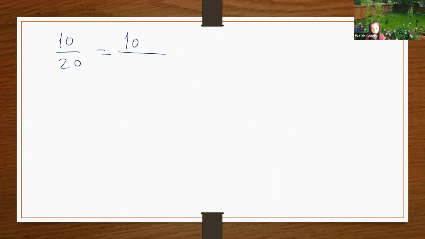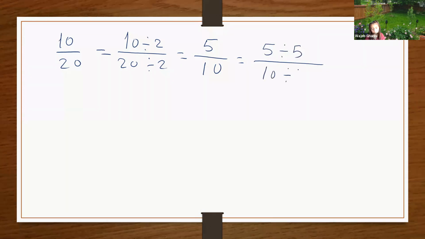Once again, for 10 over 20, how to simplify? We can divide 10 by 2 and 20 by 2 as well. 10 divided by 2 is 5, and 20 divided by 2 is 10. Now we can divide numerator and denominator by 5. 5 divided by 5 is 1, and 10 divided by 5 is 2.